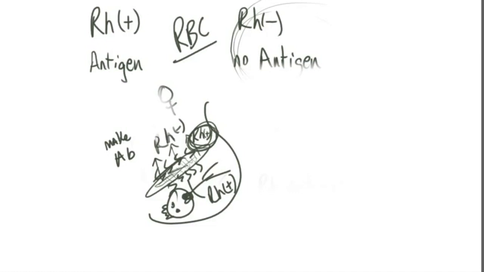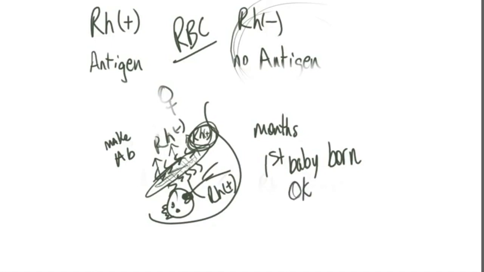Here's the good news. It takes a long time. It takes months for her body to do that. It took months for the baby's blood to develop to the point to have those. So by the time the first baby is born, the first baby is born before the mom develops the antibodies enough to harm the baby. So the first baby is always okay with this.